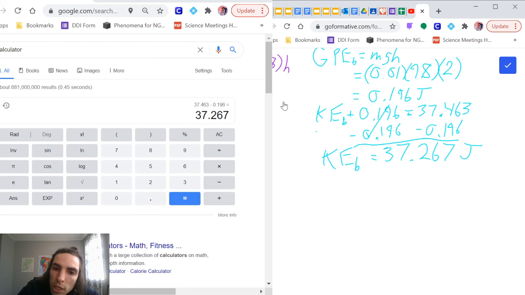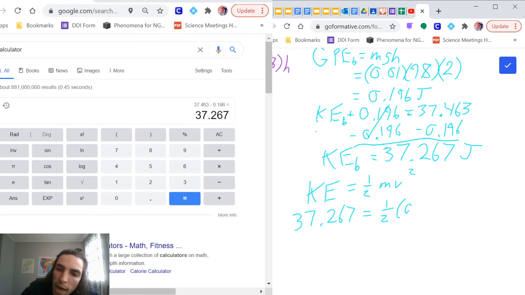And we'll say we know this kinetic energy is 1/2 mv squared, which is our general kinetic energy equation. And now let's plug in the stuff we know here. So we know the kinetic energy 37.267 is equal to 1/2 times the mass of 0.01 times v squared, leaving a v for our velocity because we don't know what that is yet.